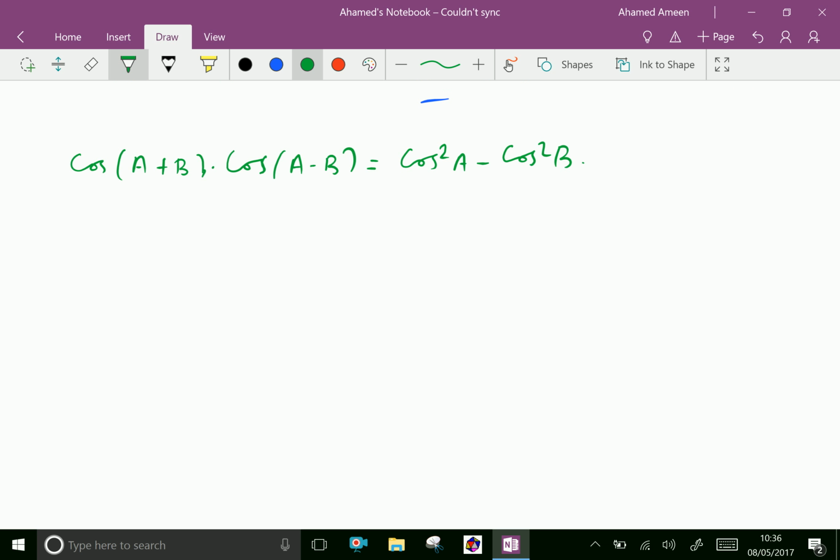We can prove one more identity, cos(a+b) into cos(a−b) equal cos squared a minus sin squared b.